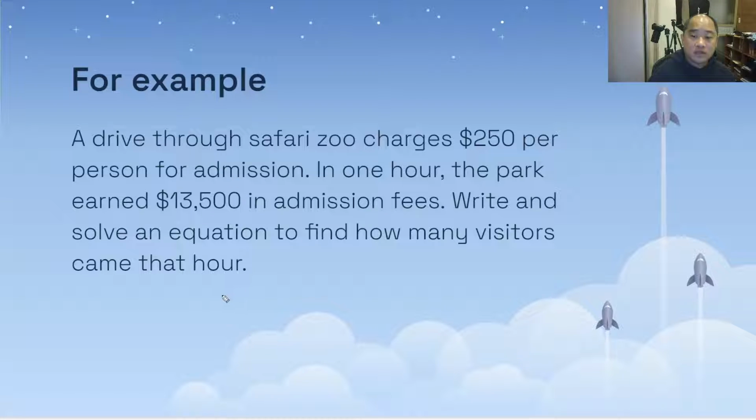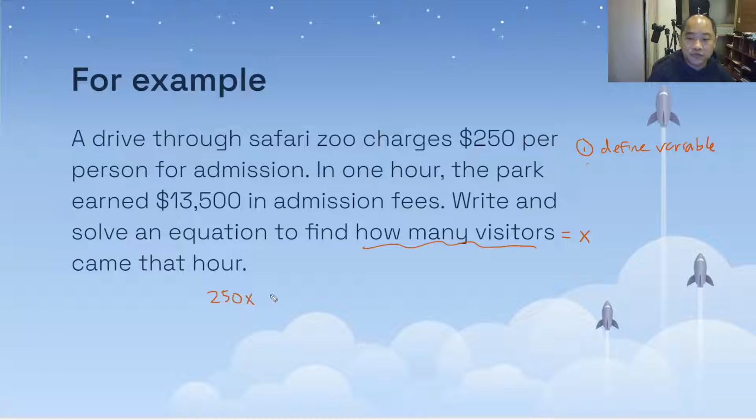So it's $250 per person, right? And we don't know how many people, right? So the number of visitors is going to be equal to x. That's the first thing we should do, step number 1, define our variable. I am going to expect that you do this on tests, defining your variable.